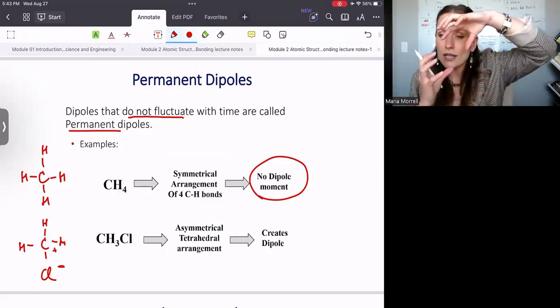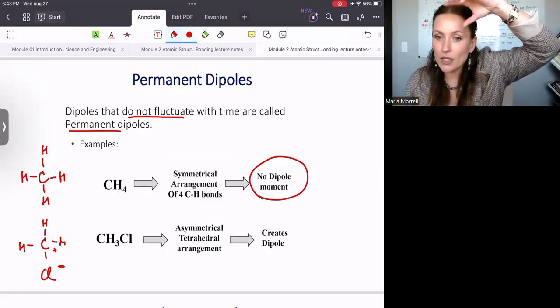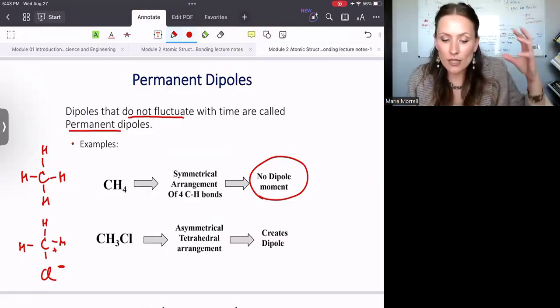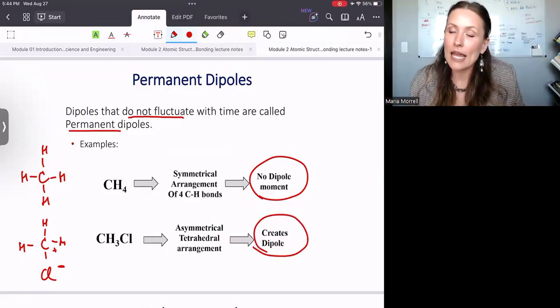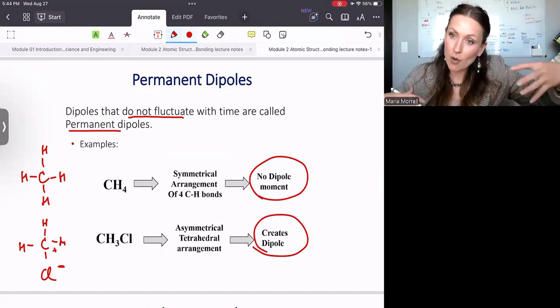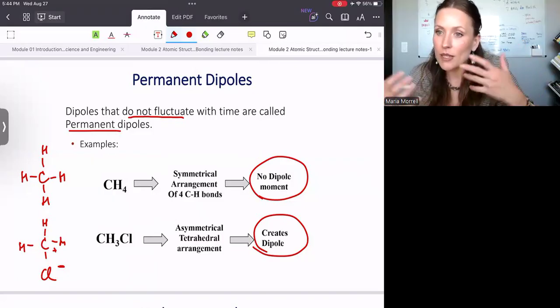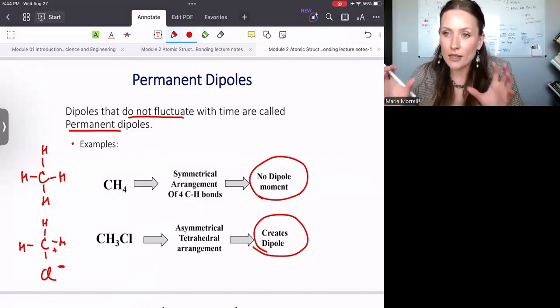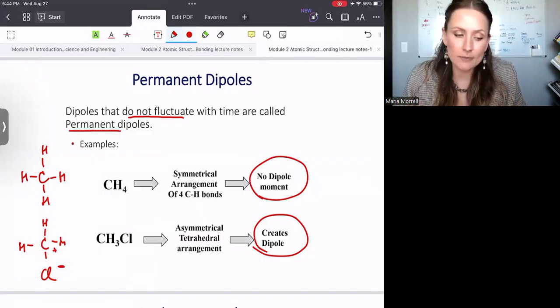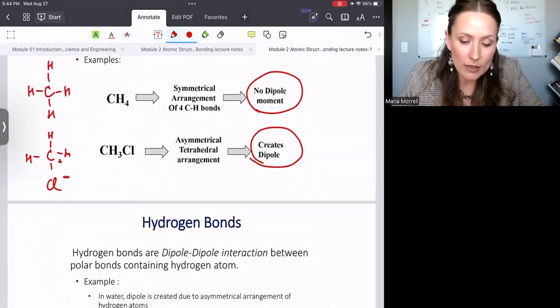So now there's asymmetry in the arrangement of bonds, and all of a sudden you have a dipole. That means that if you're looking at a collection of these molecules, there is an additional interaction between them, because you have plus minus, plus minus, plus minus. And they have permanent dipoles. Okay, hopefully that makes sense.